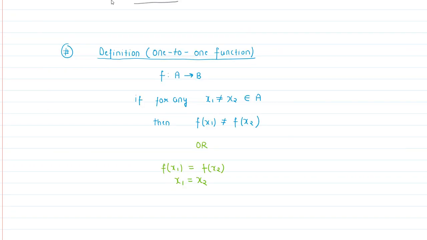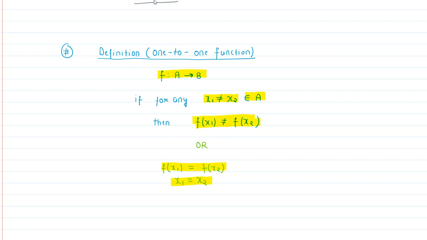So how do we define a one-to-one function formally? For a function defined from A to B, where A and B are subsets of the real line, for any x1 and x2 belonging to the domain, where x1 and x2 are not equal, then f(x1) is not equal to f(x2). Or we can say that if f(x1) is equal to f(x2), then x1 must be equal to x2.